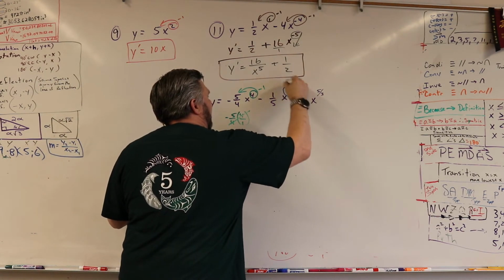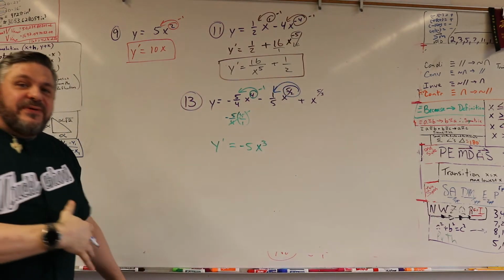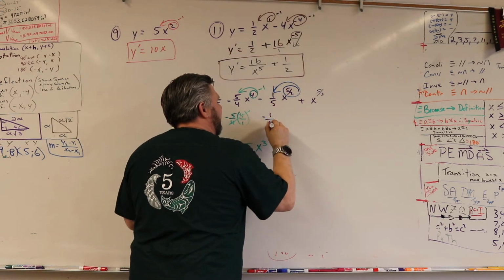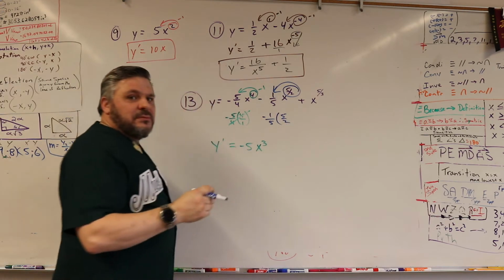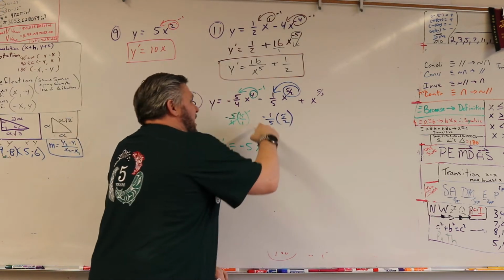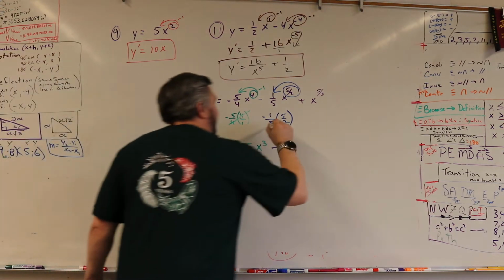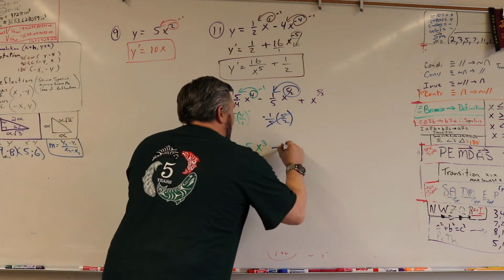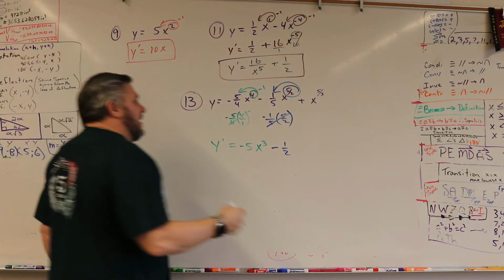So now I have this power multiplied by that coefficient. So what I'm really doing is I'm taking negative 1/5 and I'm multiplying it by 5/2. Now, a negative and a positive leaves it a negative, right? But these 5's cancel. So what am I left with? 1/2, right? And then what is my x?